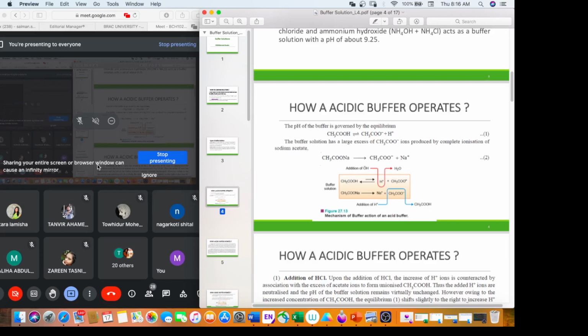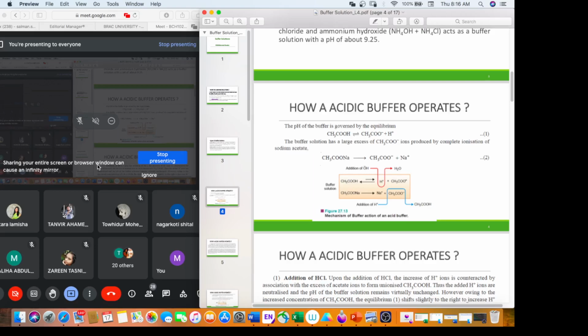Okay, so now think that you are adding proton or acid. When you add acid, it will donate the proton, and this proton will react with the acetate ion to form acetic acid again.